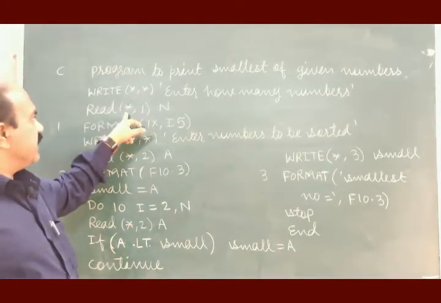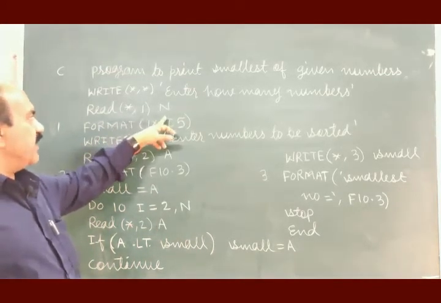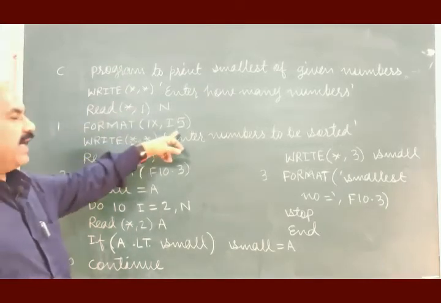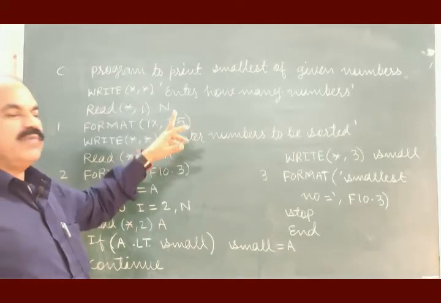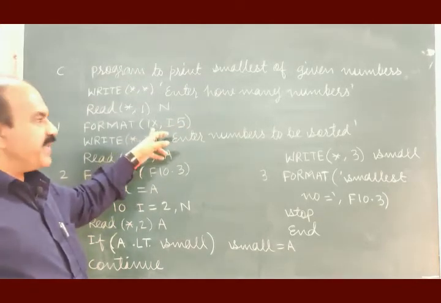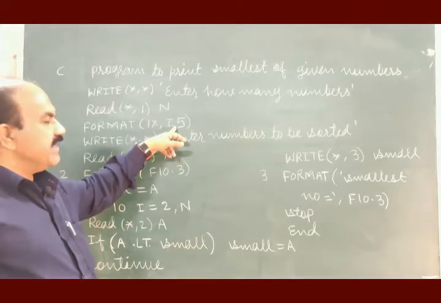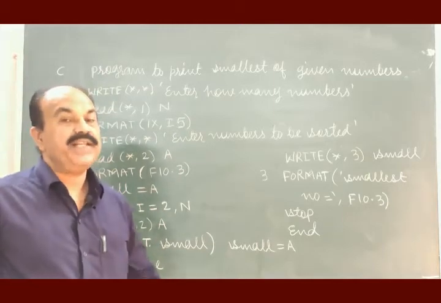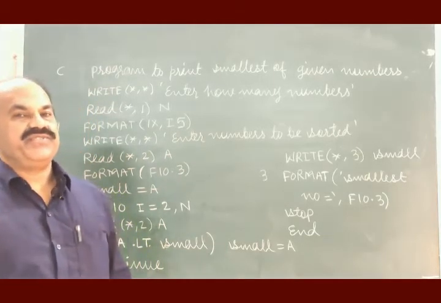Read asterisk comma 1 n. Format 1 I5. 1x comma I5. Skip one space and then enter 5 digit, at the most 5 digit integer.